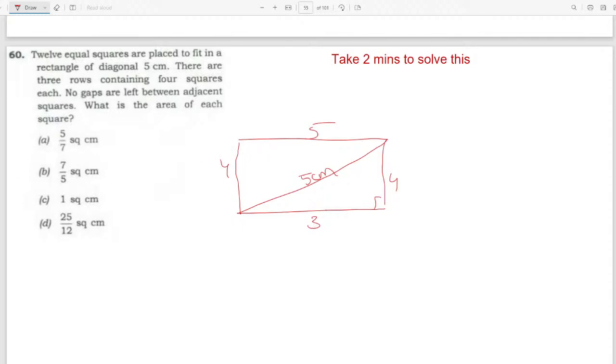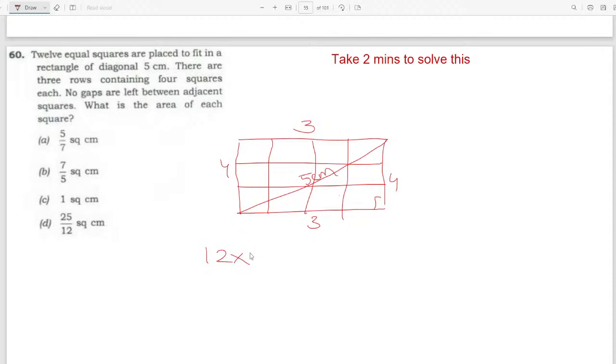They're saying there are 3 rows containing 4 squares each. There are 1, 2, and 3 rows, and there are 4 squares, 1, 2, 3, 4. There are totally 12 equal squares.